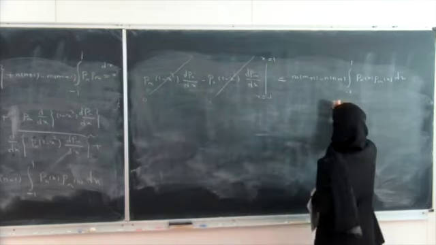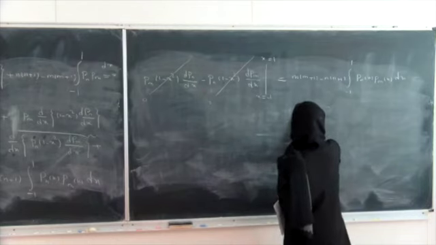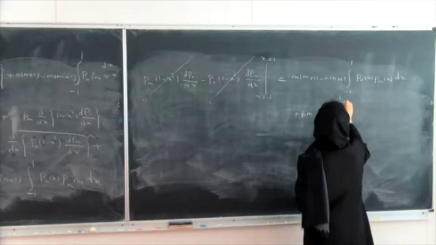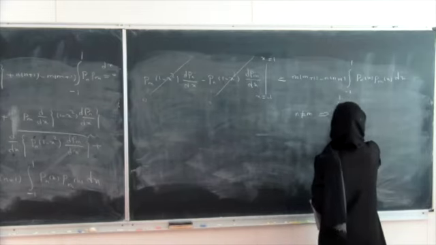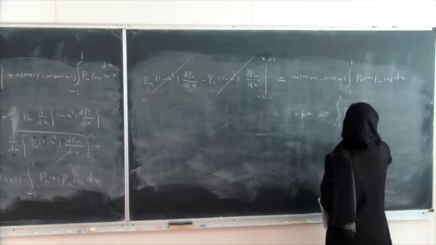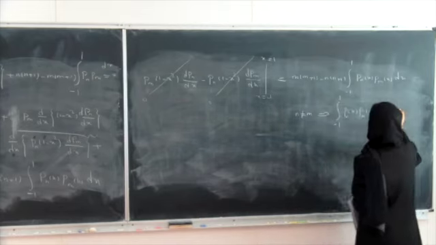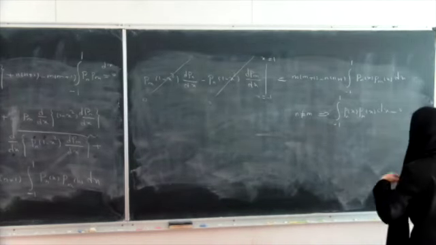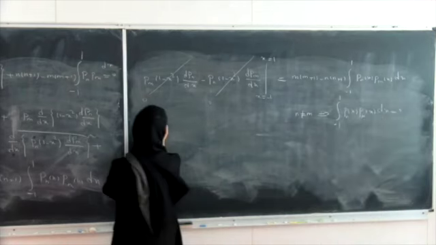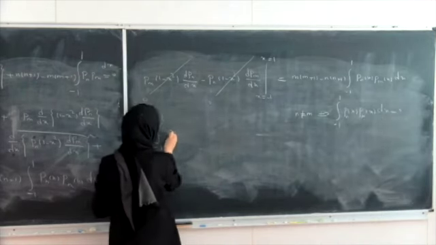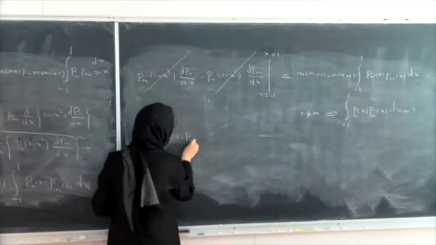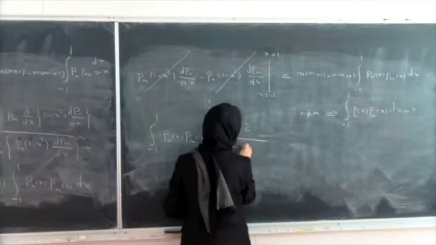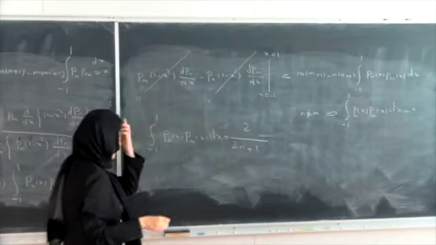So for n not equal to m, we have the integral from minus 1 to 1 is 0. So it remains to prove that the integral from minus 1 to 1 of Pn(x) Pm(x) dx equals 2 divided by 2n plus 1.